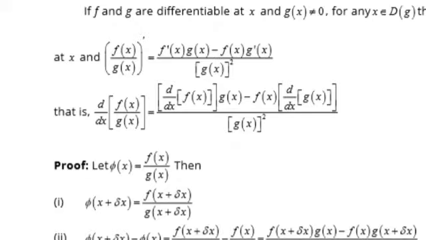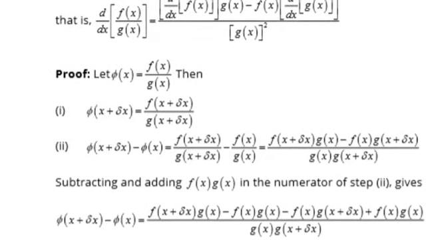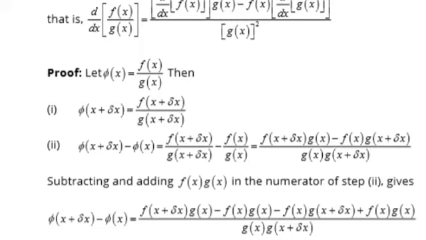It becomes the same as the product rule, but here we have a negative sign between them, and the denominator is squared. The derivative of the first, the numerator, with the denominator the same, minus the numerator the same and the derivative of the denominator, divided by the square of the denominator. We also prove it here by definition, using x and x plus delta x.